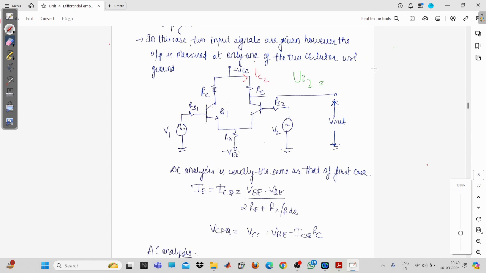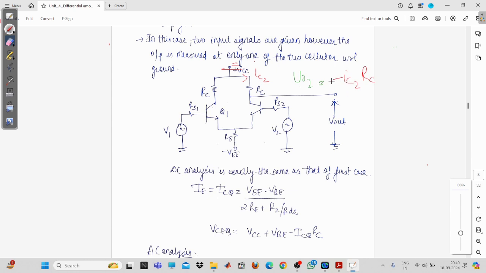When you are performing the AC analysis, the DC sources are grounded, or you can say removed, or short circuited. So in that case this one will be minus IC2 into RC.